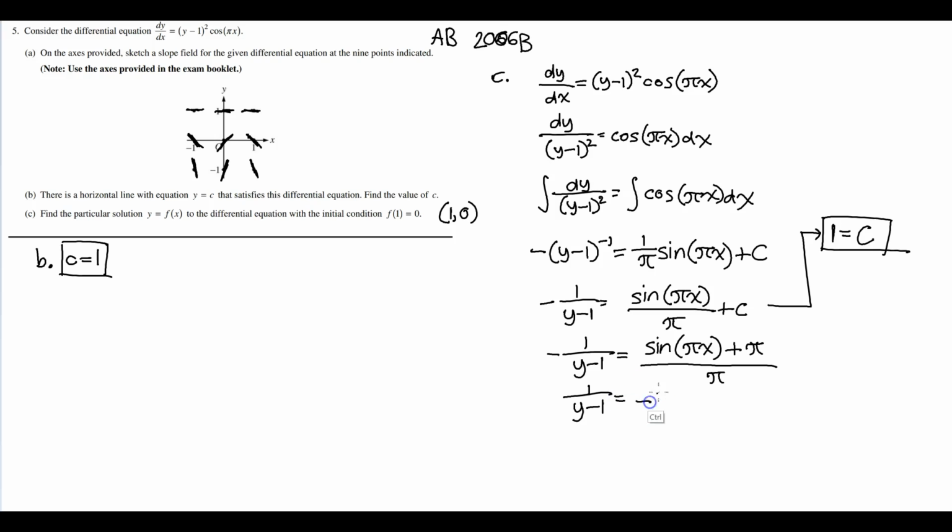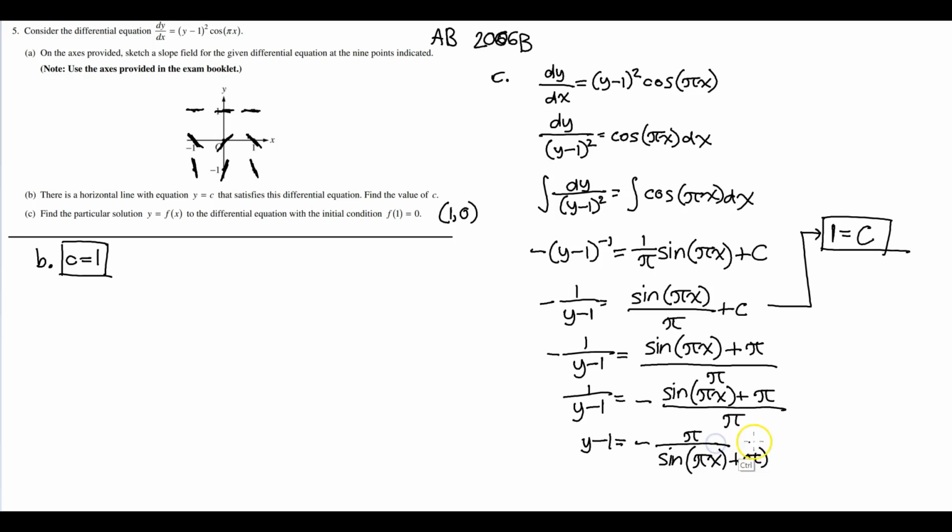So we have 1 over (y minus 1) equals negative (sine of pi x plus pi) over pi. Take the reciprocal of both sides, so you have y minus 1 equals negative pi over (sine of pi x plus pi).